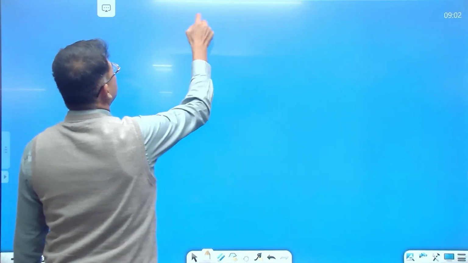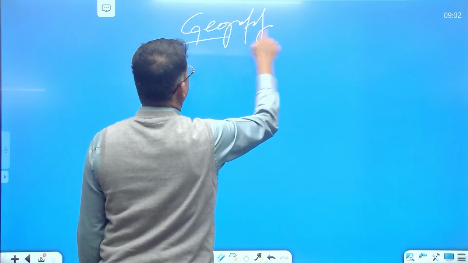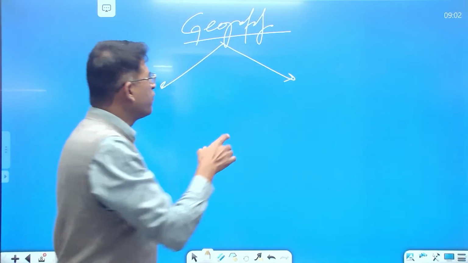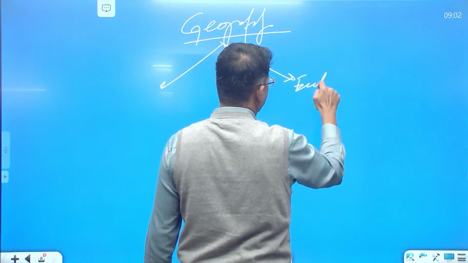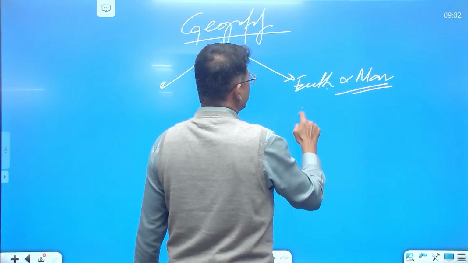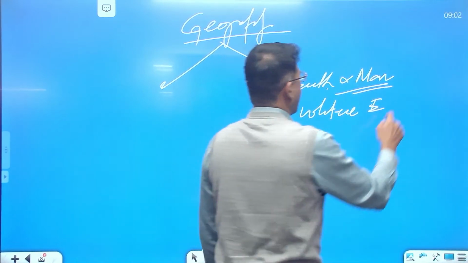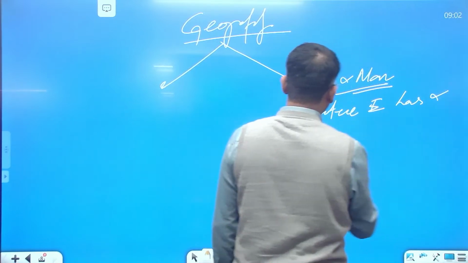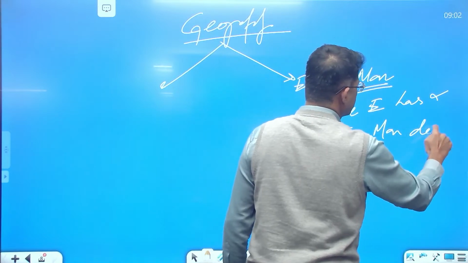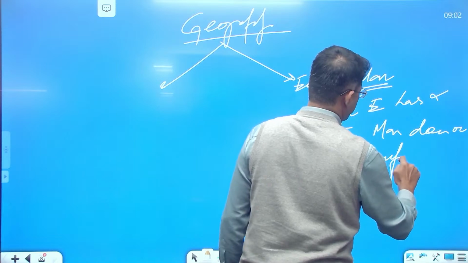Now, geography has two broad parts. Geography is about earth and man. Whatever earth has and whatever man does on the earth's surface.